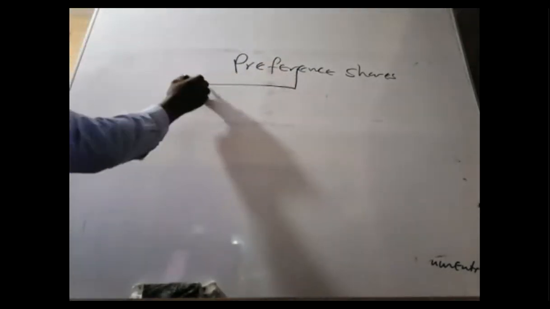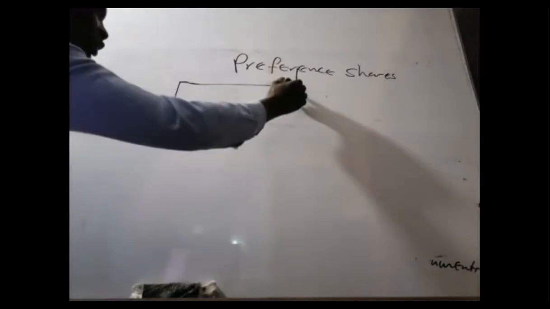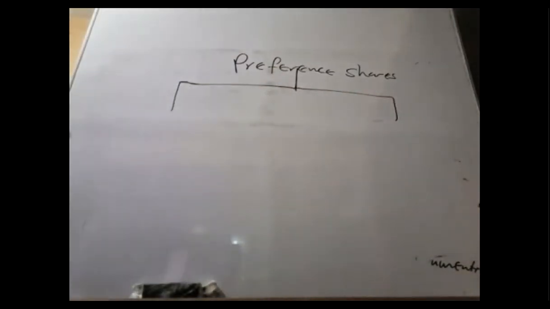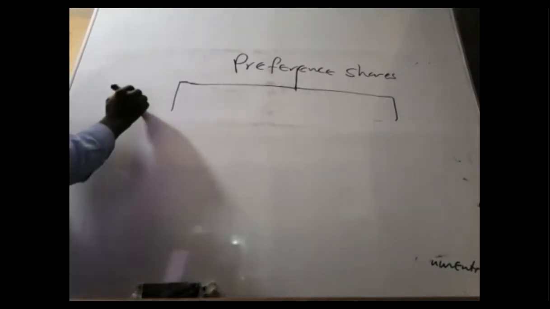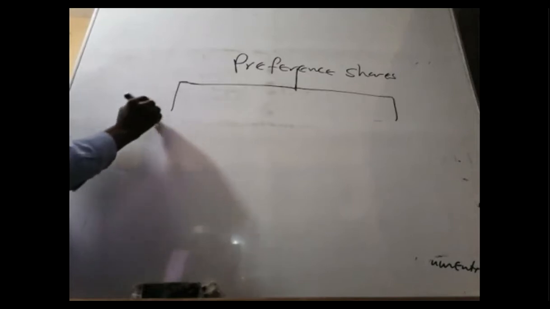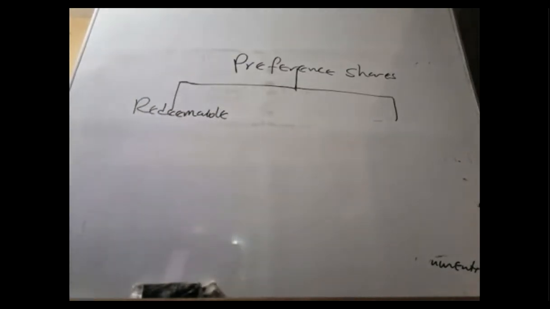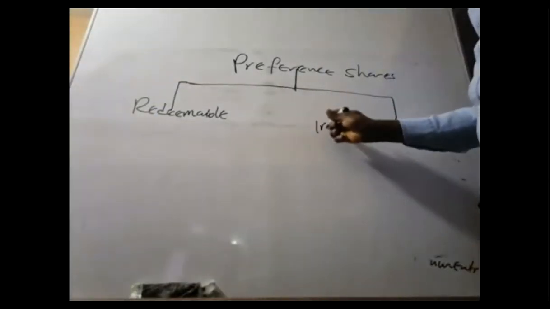Okay, so in the special case of preference shares, how do you treat them? Now, look at this. This is very important. There are basically two kinds of preference shares. We have what you call redeemable preference shares, and what?